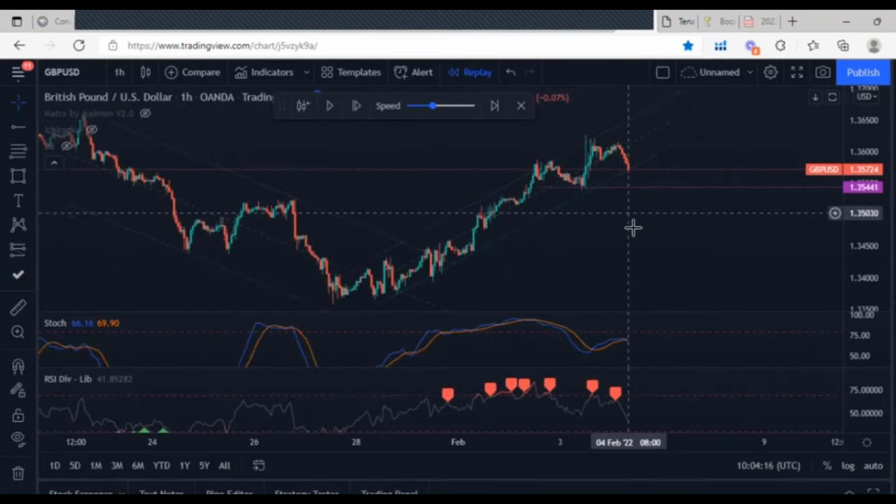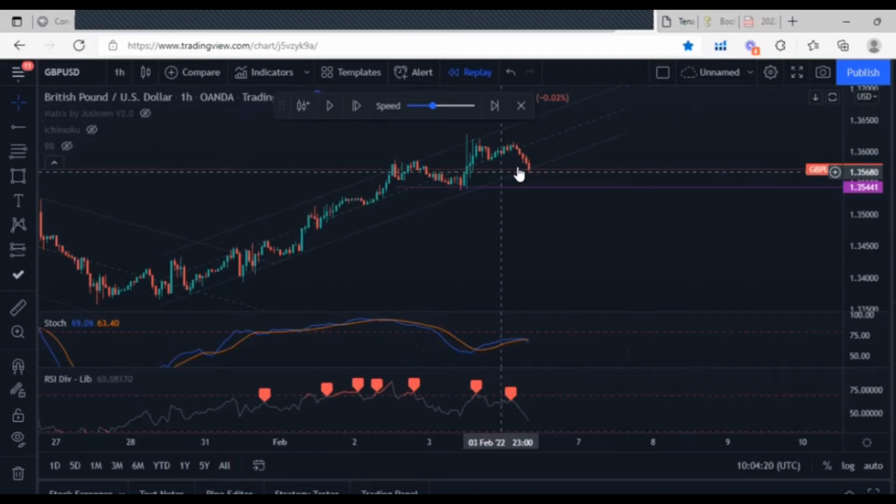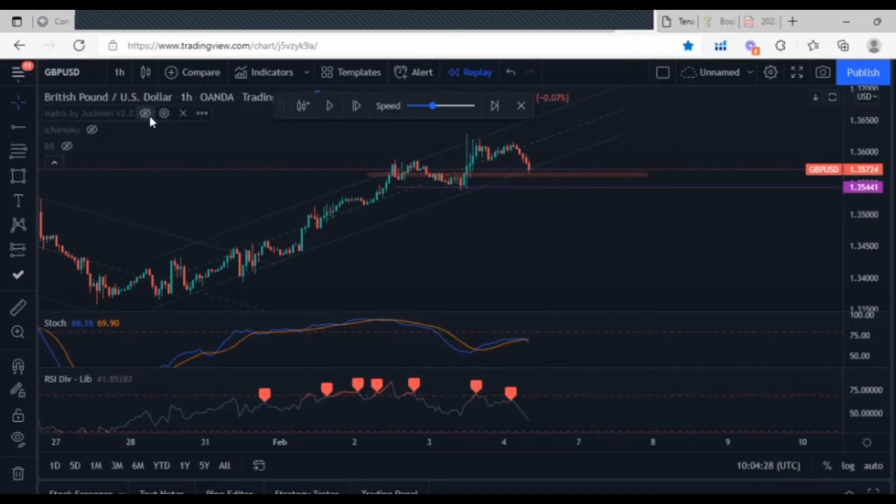Okay, so because I've been doing this for a while, I know that this channel is gonna be very close to the 50 MA, so I'm gonna be looking for a break and retest of this structure here. Let's just confirm. There we go, exactly 50 MA. So I'll be looking for a break and retest this structure over here.